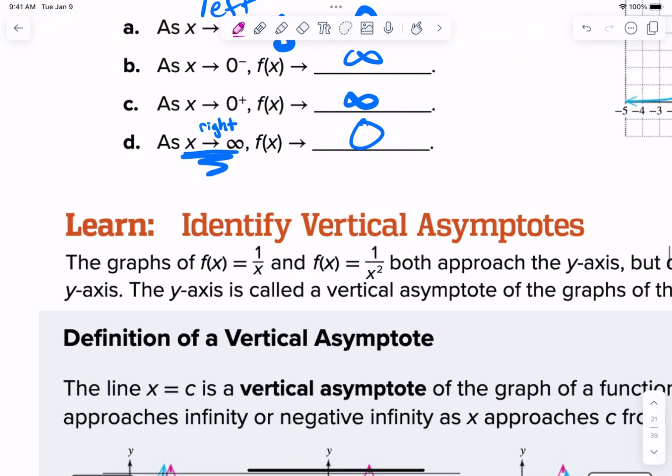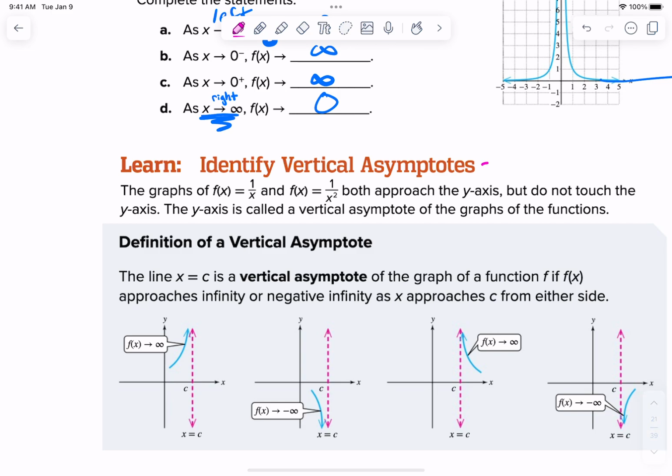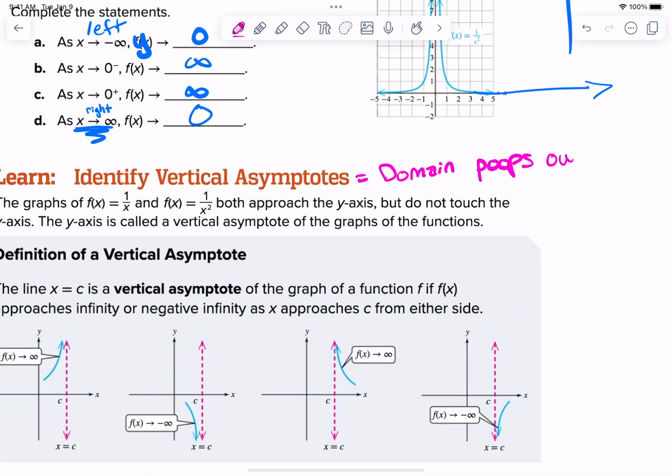Now we're going to talk about vertical asymptotes. A vertical asymptote is where the domain poops out. When you're talking about domain for rational functions, the two things that screw up domain are a negative inside of a square root and dividing by 0.